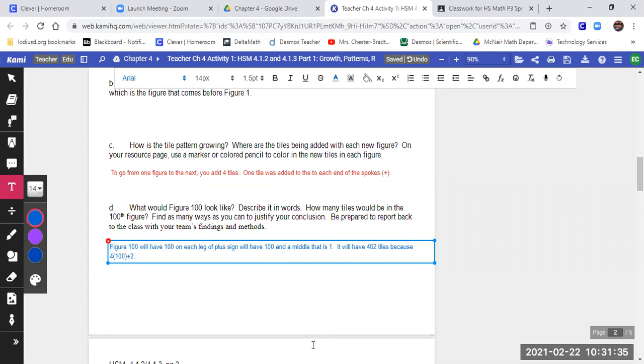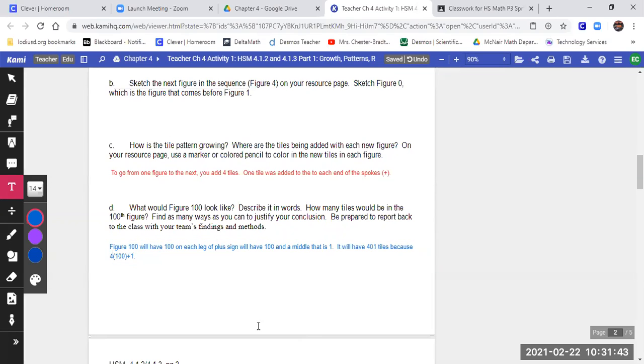It is 401 tiles. We figured that out down below because 400 plus 1. Right?